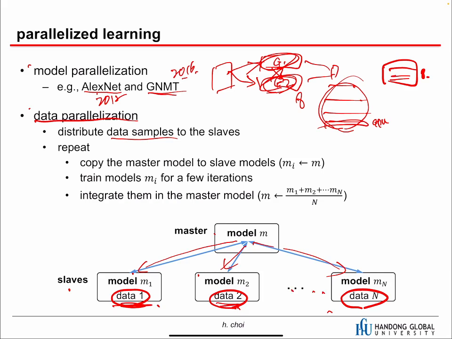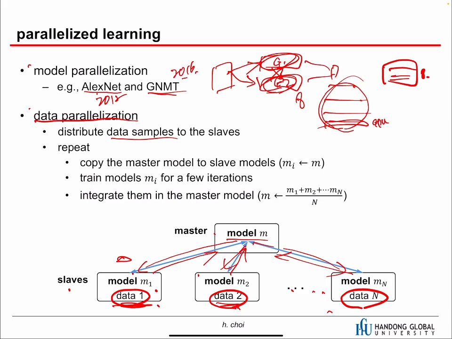And then we update these parameters for a couple of iterations, and then we pass this one. We can pass the whole model, or we can pass the delta, okay? And then in the master server, we can combine all these updates, or we can take the average of all the models, okay?